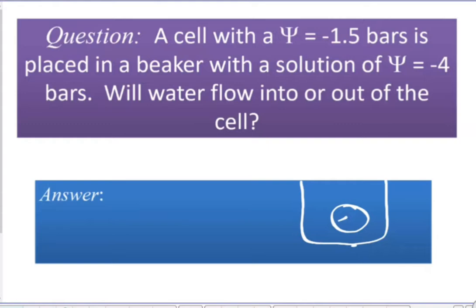The inside of my cell is negative 1.5, and the solution surrounding my cell is negative 4. Negative 4 is smaller than negative 1.5, and so water is going to flow out of this cell. If you're following along on the paper handout, this is number 2 on your practice sheet. So water is going to flow out of the cell.